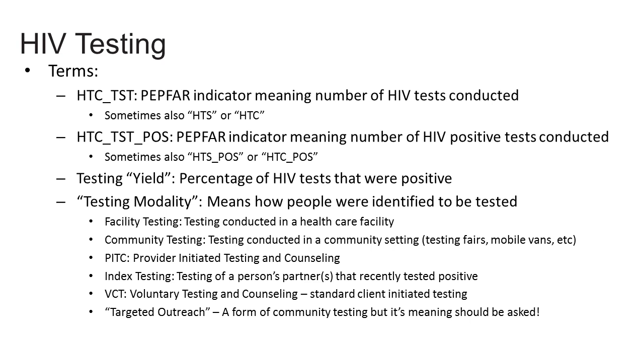And then the testing modality means how people were identified to be tested. Generally, there's facility-based testing, community testing, PITC, which is provider-initiated testing and counseling, index testing, which is testing the partners of somebody who has just recently tested positive, VCT, outreach clinics, and then targeted outreach, which is generally a form of community testing, but there's no formal definition of what that really means, and so that's always a question that should be asked.